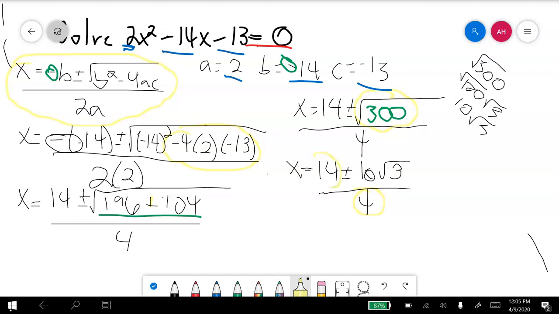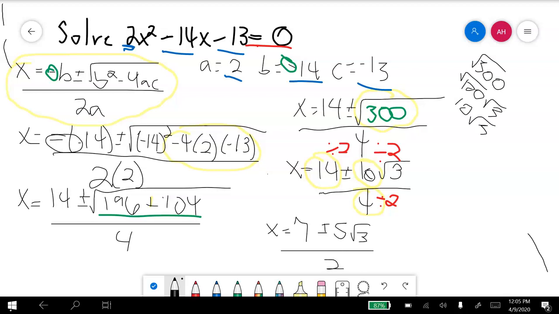So if we look at all of these, and we can reduce all three of those, not what's under the radical, but all the other ones by the same thing, then we should do that. So I'm going to take this and divide all of these by 2 because 2 goes into all of them. You can only reduce it if all of them will reduce. So we reduce it and we get 7 plus or minus 5 square root 3 over 2.